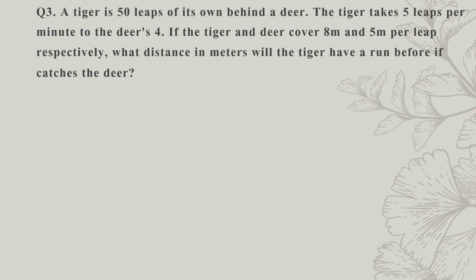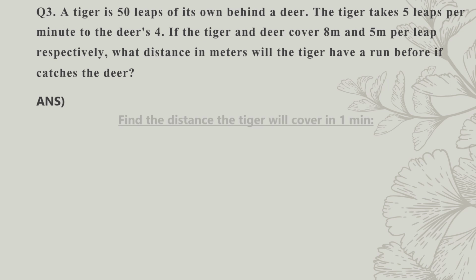Moving on to the next question, it is a numerical one. A tiger is 50 leaps of its own behind a deer. The tiger takes 5 leaps per minute to the deer's 4. If the tiger and deer cover 8 meters and 5 meters per leap respectively, what distance in meters will the tiger have to run before it catches the deer? So we need to calculate the distance in meters the tiger will run to reach the deer.